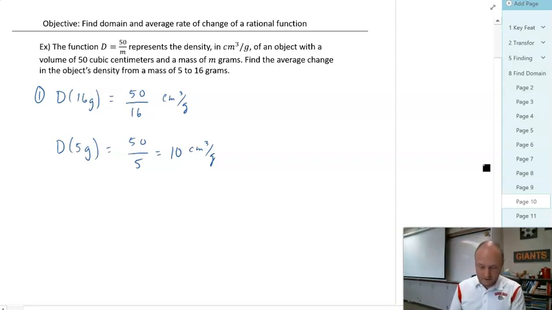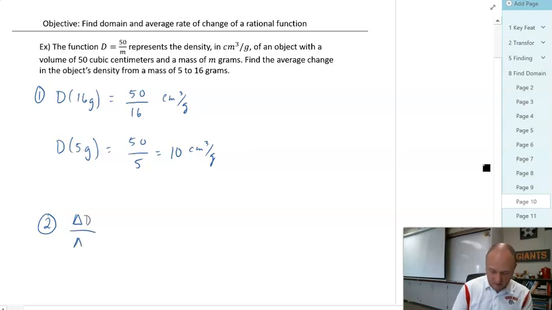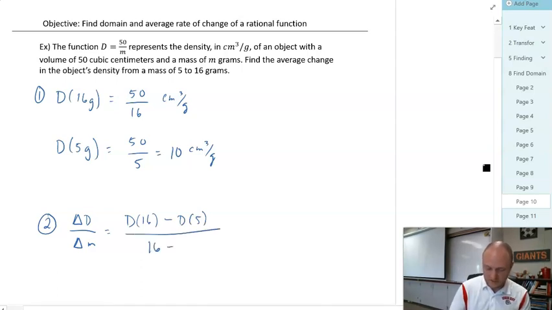Now step 2, I'm going to calculate delta d over delta m. So I have d of 16 minus d of 5, over 16 minus 5. We can plug this in.